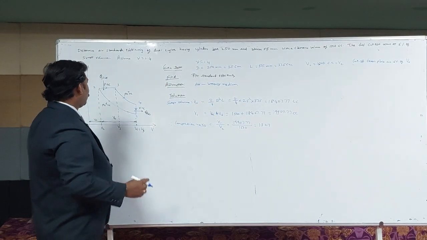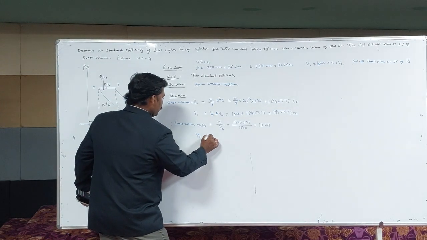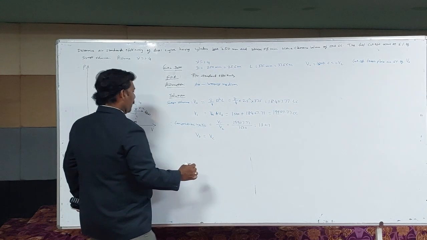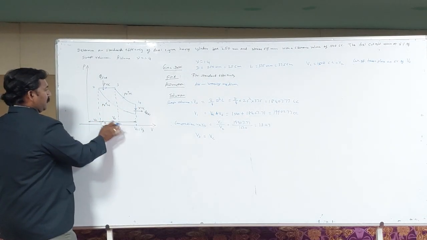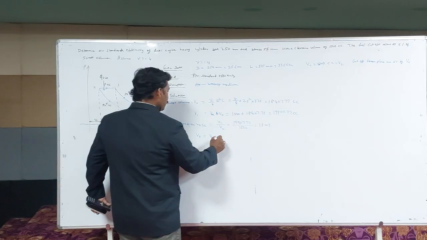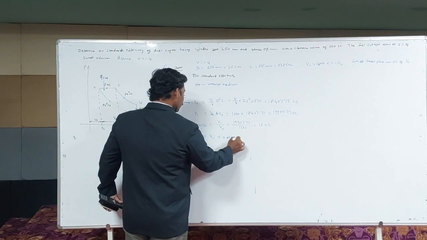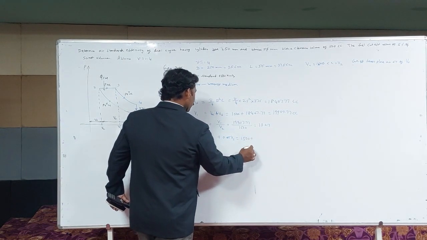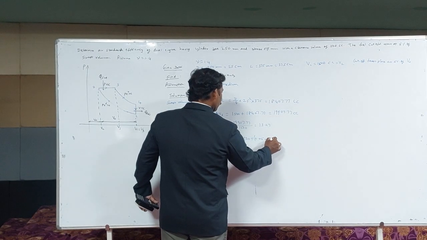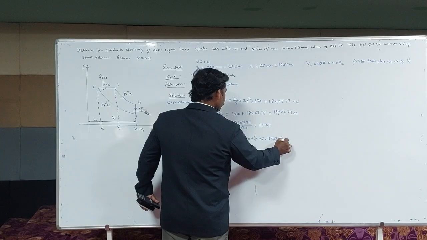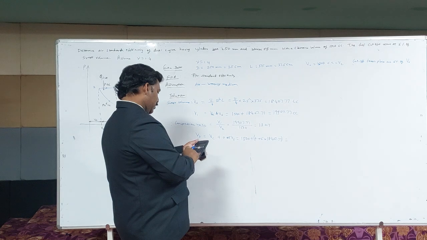Now we have to find out the V3 value. V3 is Vc plus 5% of Vs, that is equal to 1500 plus 0.05 into 18,407.77.